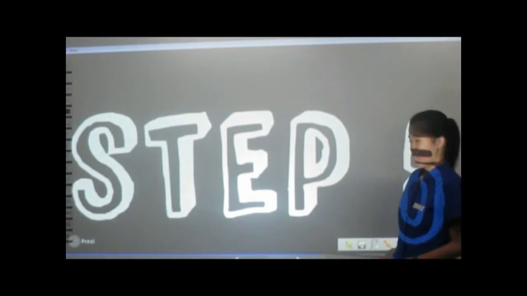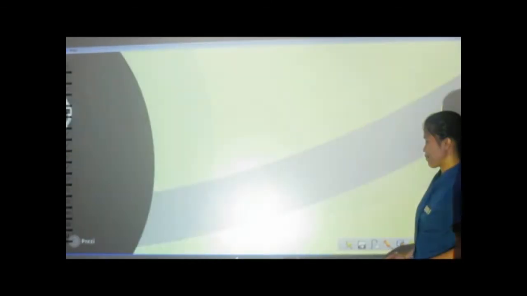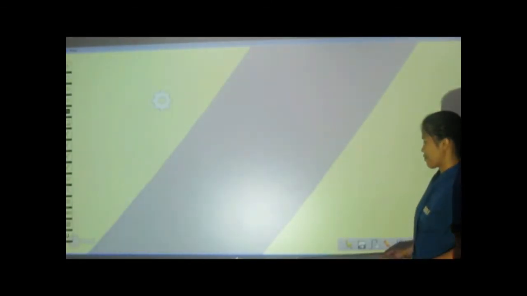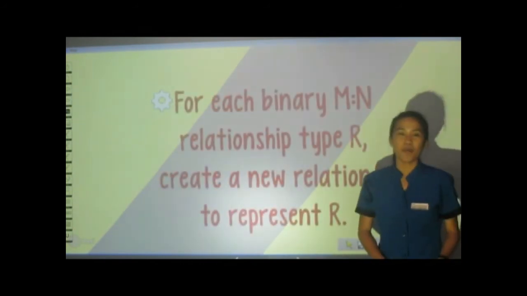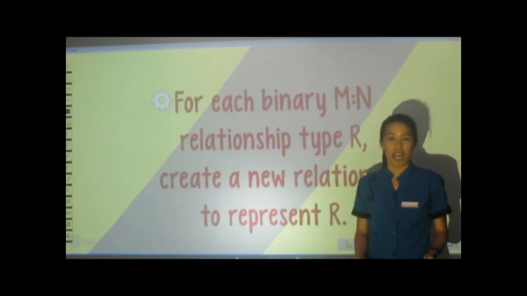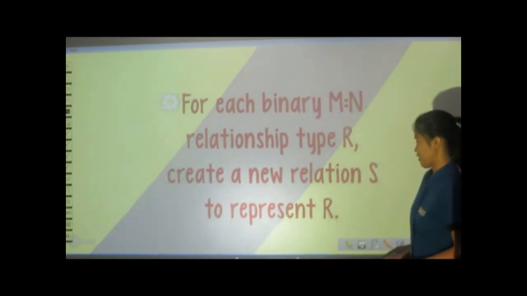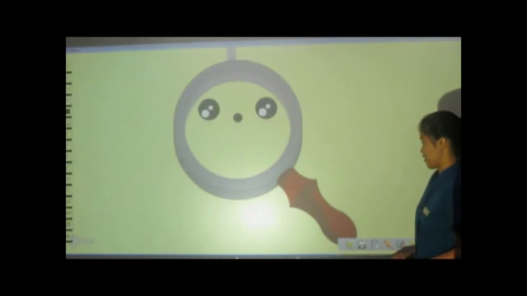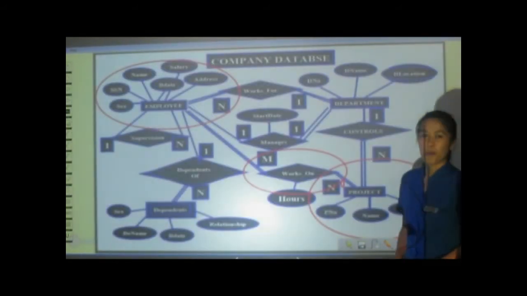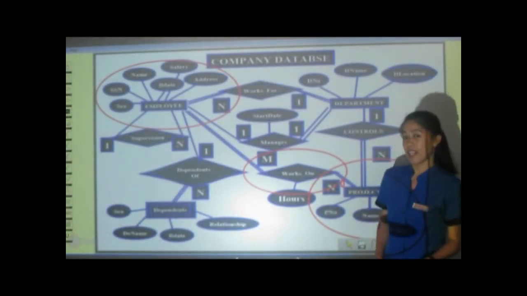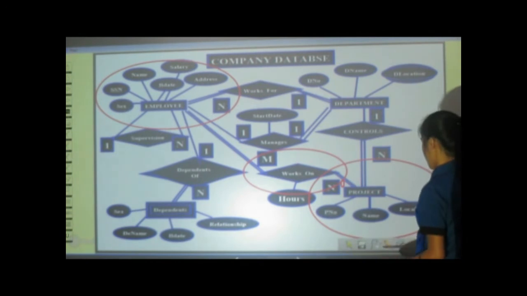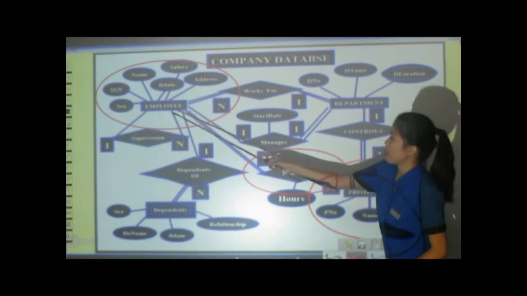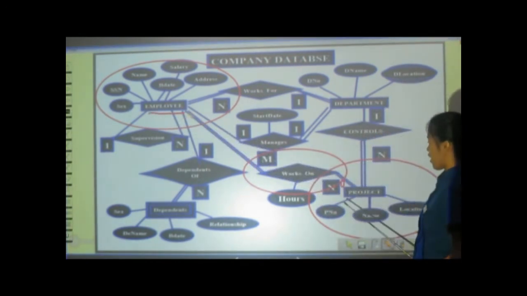Step number 5. For each binary many-to-many relationship type R, create a new relation to represent R. In the diagram, the many-to-many relationship is the employee and the project.